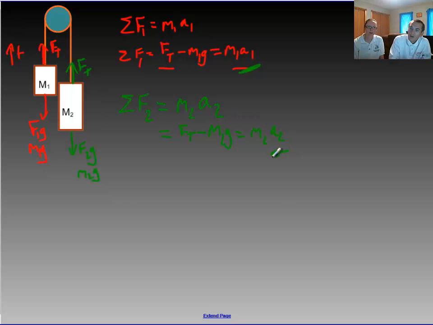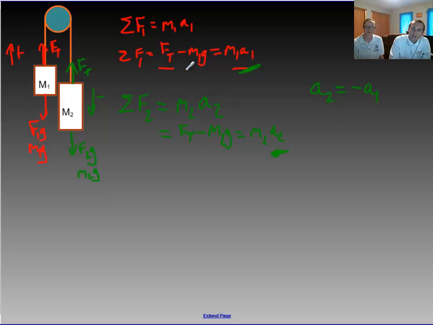But we know the accelerations are the same magnitude, but opposite direction. One side is going up, the other is going down, and that's negative. Since they're connected by a string, we actually have another equation: A2 equals negative A1. They're opposite of each other, but the same size.